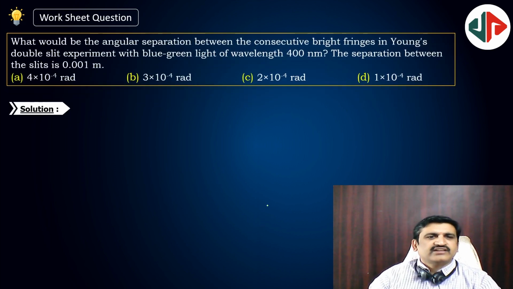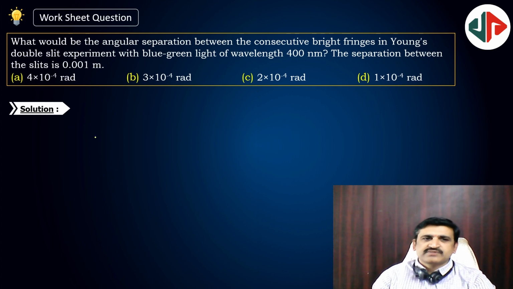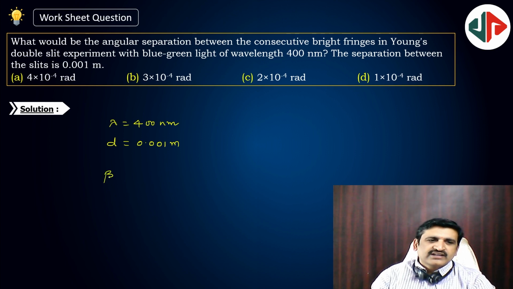What would be the angular separation between the consecutive bright fringes in Young's double slit experiment if blue-green light of wavelength 400 nanometers, lambda is equal to 400 nanometers. The separation between the slits d is equal to 0.001 meter. We have beta is equal to lambda L by d.